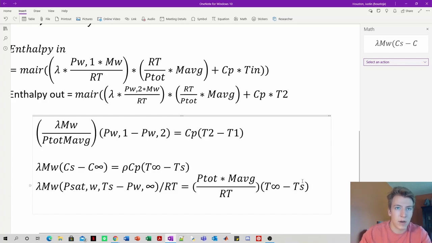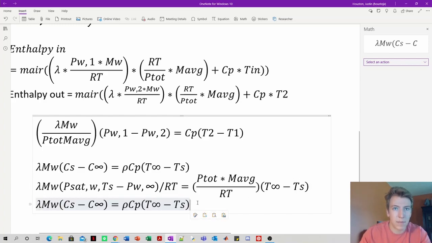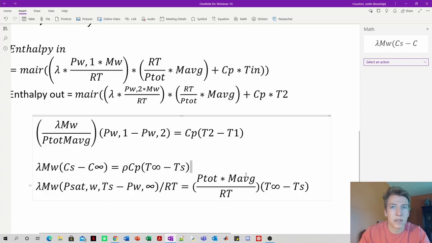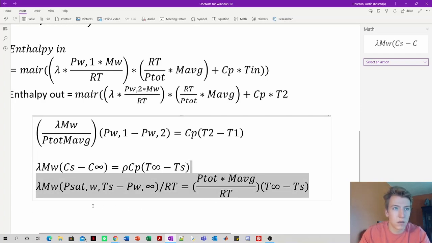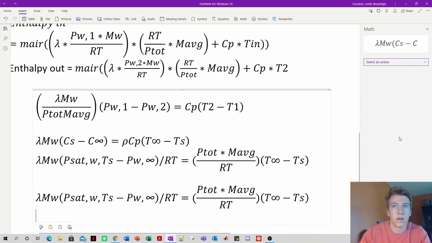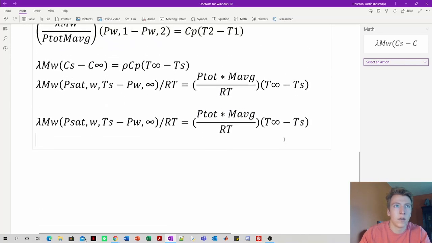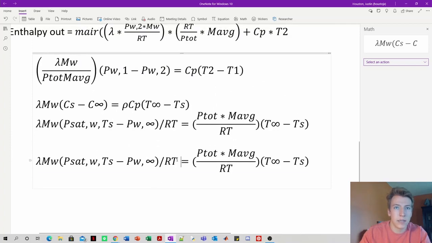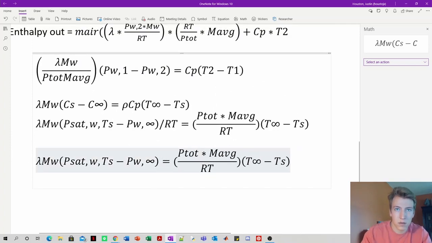So continuing on with that, I don't want to copy and paste that, I want to copy and paste this. So we have that now. And like I said, the RTs are going to cancel out.